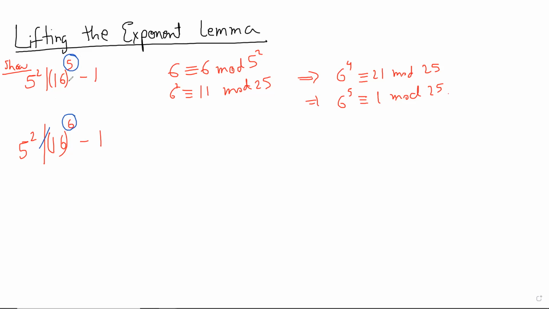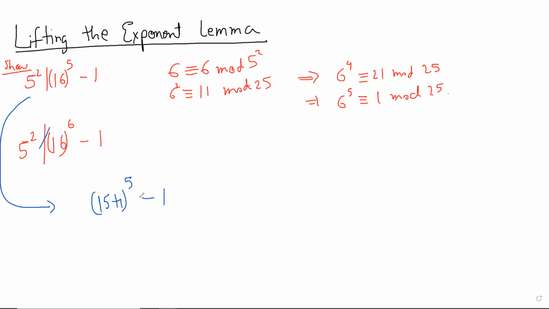I think that we can show it by binomial theorem. If we have 16 raised to power 5, we can write it as 15 plus 1 raised to the power 5, minus 1. Then we can expand it by binomial theorem, and the 1 will get cancelled, and in the end we'll have something like 15 into 15, which is 5 square, divisible by 5 square.